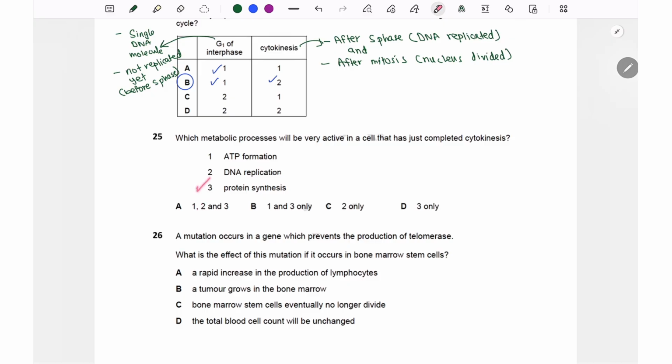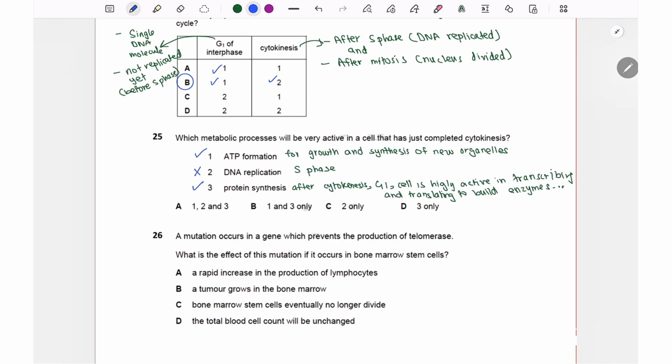Protein synthesis is going to happen because after cytokinesis, there'll be G1 straight after in the whole cell cycle. This is when the cell is going to be highly active in transcription and translation to build enzymes and other things. So there's going to be protein synthesis happening. 1 and 3, this is B.